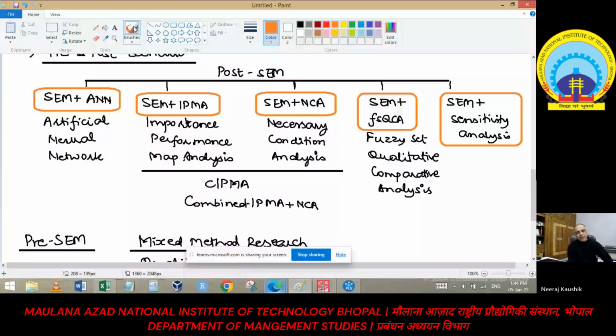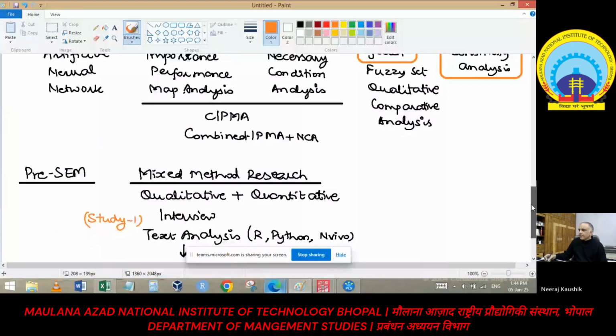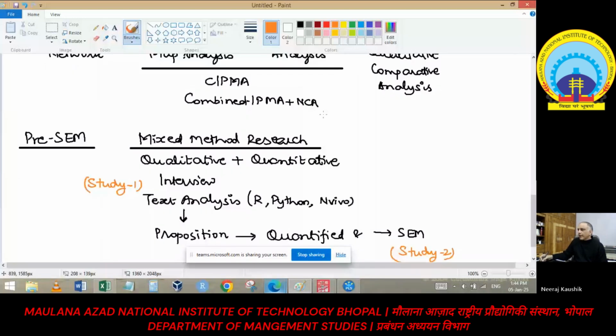Third thing is NCA, necessary condition analysis. In necessary condition analysis, we talk about logic. Please see, logic says if you say X leads to Y, and you say X is a predictor of Y, this is a half truth. If I write X leads to Y, from the survey method we can never establish that X is a true predictor of Y. Why so?